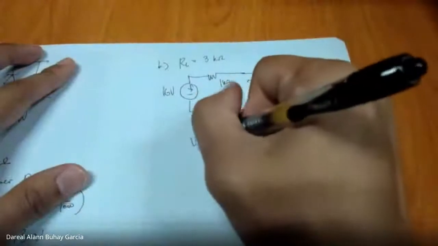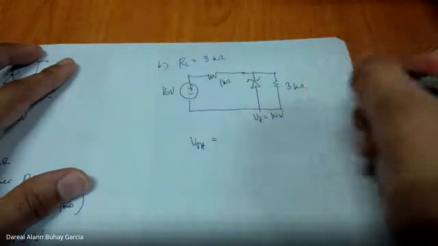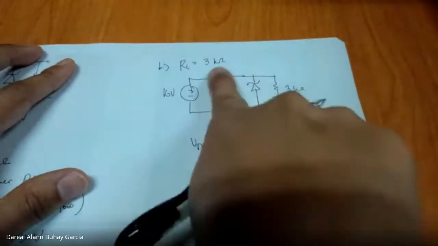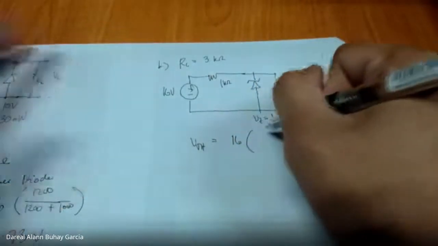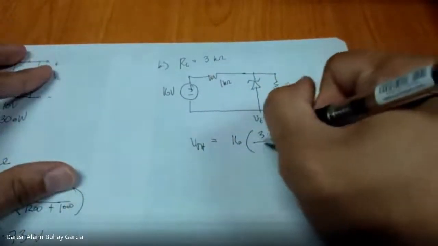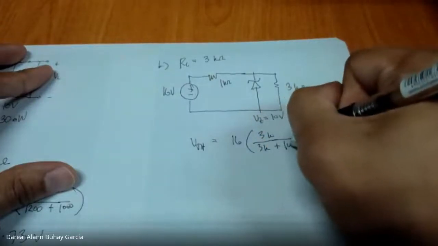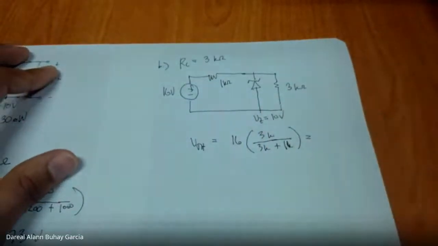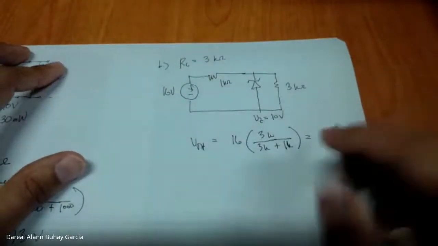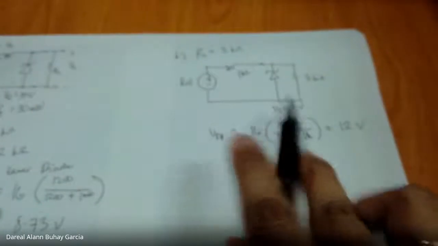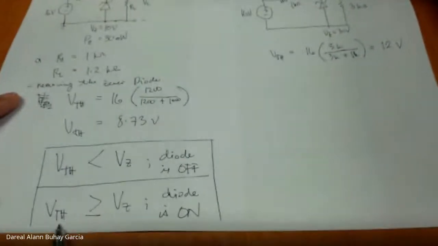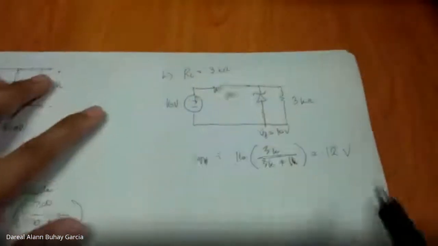So again, removing the Zener diode, solving for voltage divider, 16, 3K, 3K plus 1K. Ano naman eh? 12.25%. So 12 volts. So 12 volts is greater than 10 volts. VTH is greater than VZ. So the diode is on.